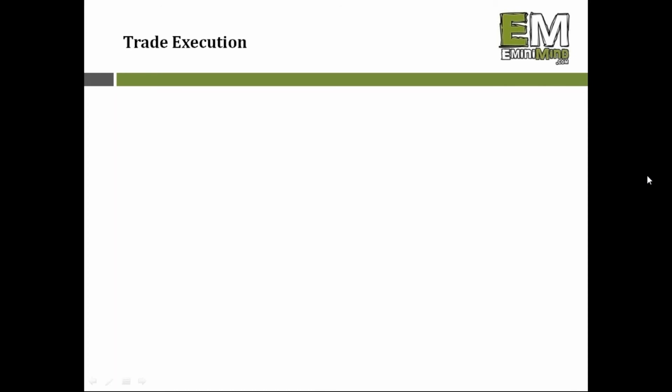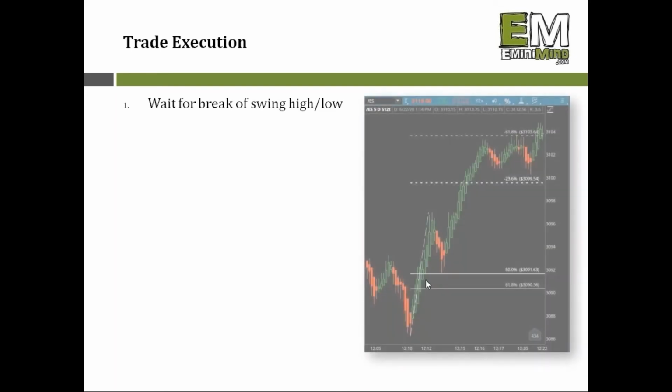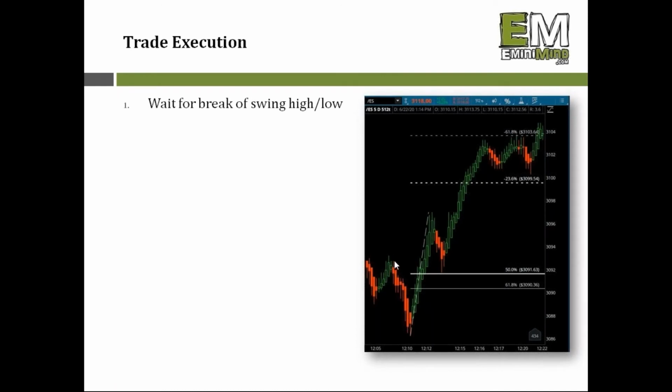So when it comes to tying in the trade execution, we've touched on it a little bit throughout already, but the key is to wait for that break of the swing high or the swing low. So if we look at the chart, taking out the swing high, as we've done here on this leg up, that signals, okay, we were, let's say, in a downtrend coming in. Now we're onto the chart here, and we put in this low.